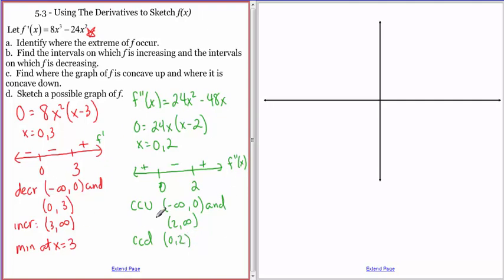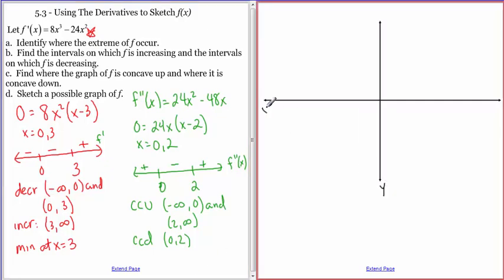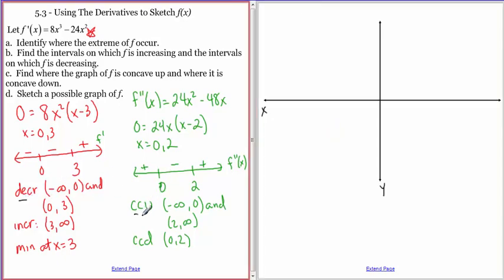Okay, now we need to take all of this into mind and sketch our graph. Make sure you label your axes so you know what we're looking at. Okay, we have no starting y value, but I know that I'm decreasing and concave up. So I'm decreasing concave up from negative infinity to 0.